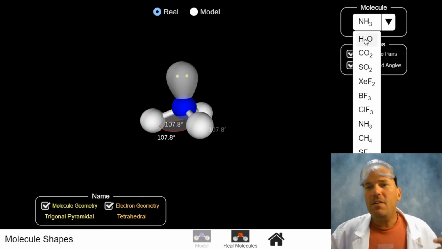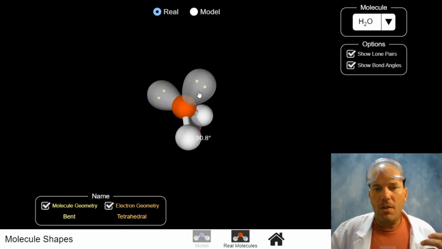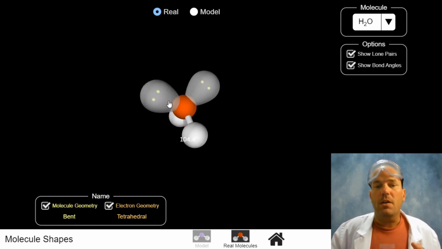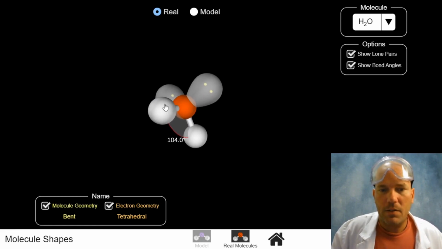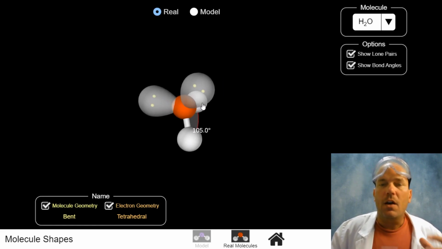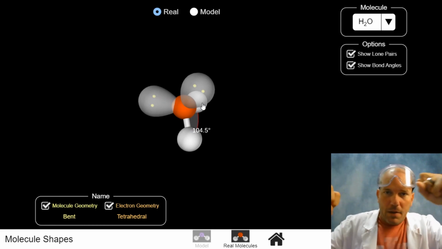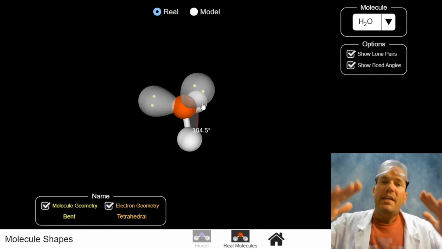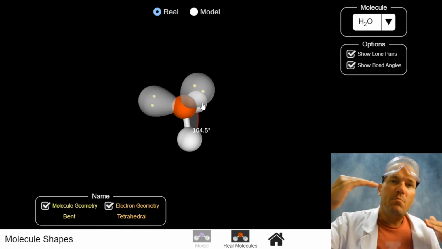Now, in the final example, we have water, okay? And I didn't draw this one out for you because I was going to show it to you here. We have two lone pairs on the central species. All right, so now imagine both of those lone pairs moving around that central atom. What are they doing? Decreasing the bond angle even more.